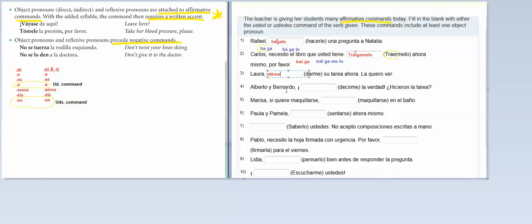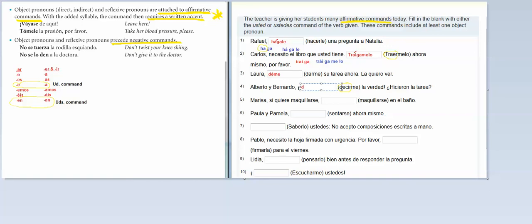Now we've got 2 people, so we'll do a couple with 2 people, and then I'm going to stop because it's the same thing over and over. So it's Alberto y Bernardo decirme la verdad. I want these 2 people to tell me the truth. So I'm going to take my verb, which is decir, and I'm going to conjugate it into the yo form, which would be digo.